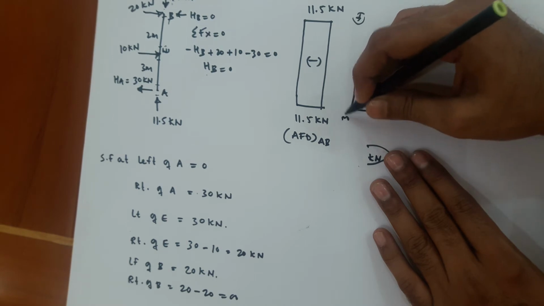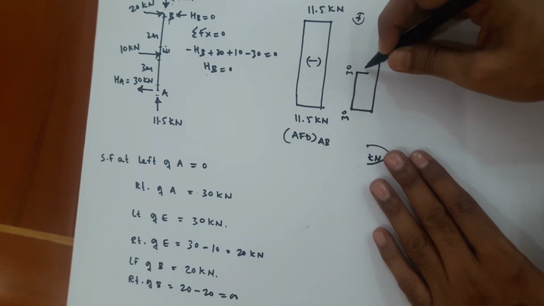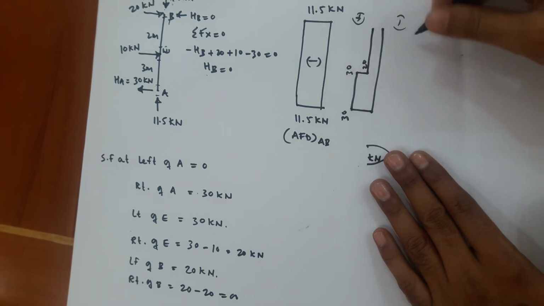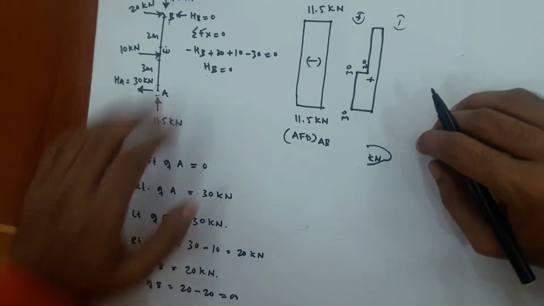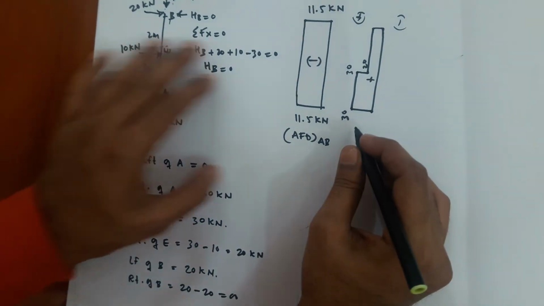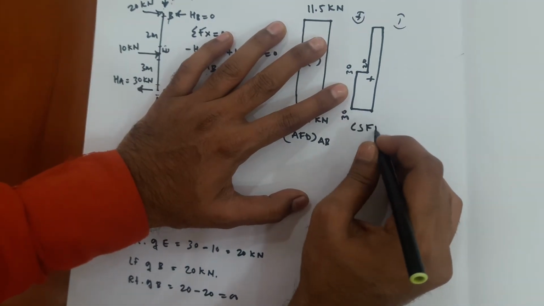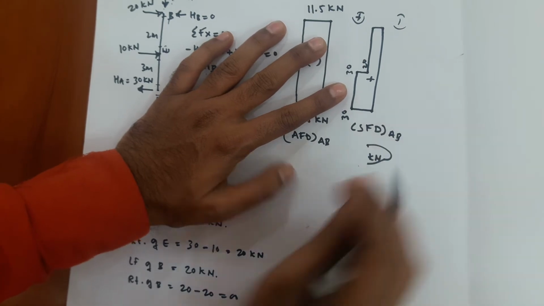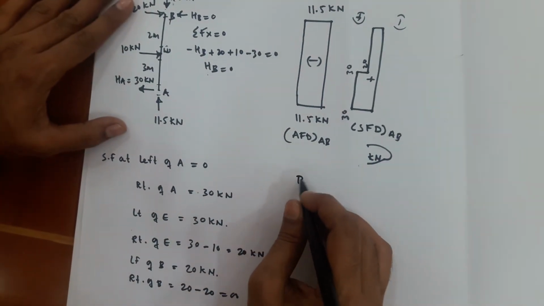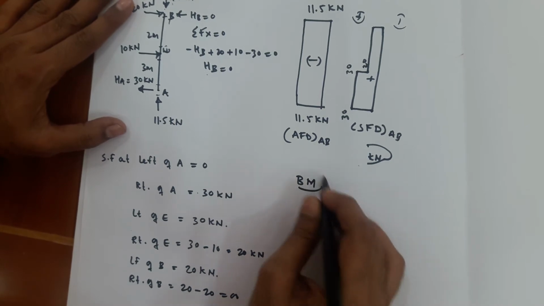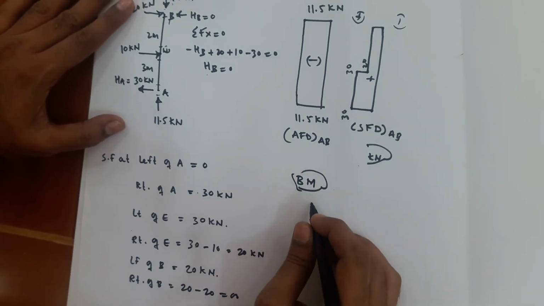Okay, this is 30 kilonewton and this is 20 kilonewton. Left of B 20 and right of B 0. So this is shear force diagram, SFD for member AB. Now we have to go for the bending moment calculation. So we know bending moment at A.